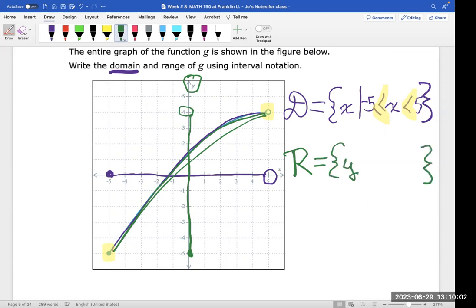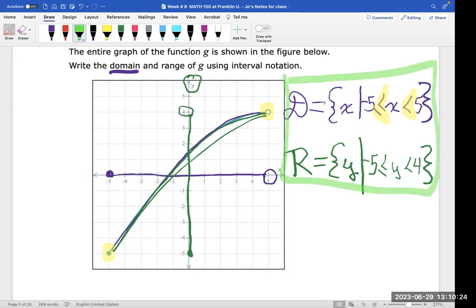So the set notation, tell the reader what variable you're using, and then put a long line that means such that. The range is y values such that the y has to be strictly less than 4 and greater than or equal to -5. And that's what Alex is looking for. And that's what it means to write the domain and range.